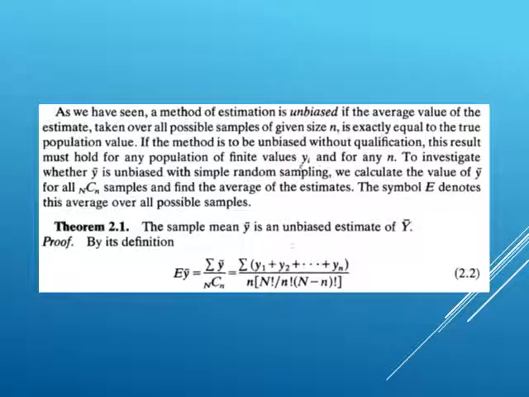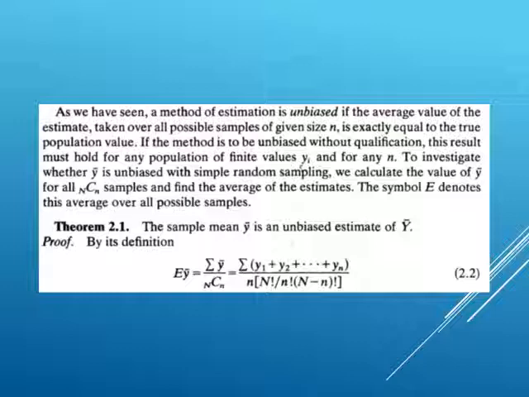As we have seen, a method of estimation is unbiased if the average value of the estimate taken over all possible samples of a given size small n is exactly equal to the true population value. If the method is to be unbiased without qualifications, this result must hold for any population of finite values y_i, and for any n.